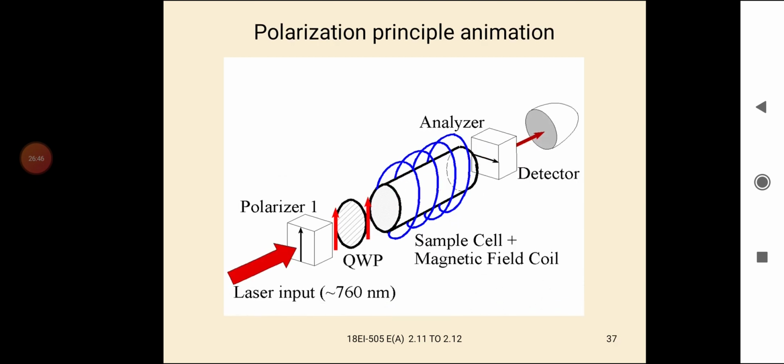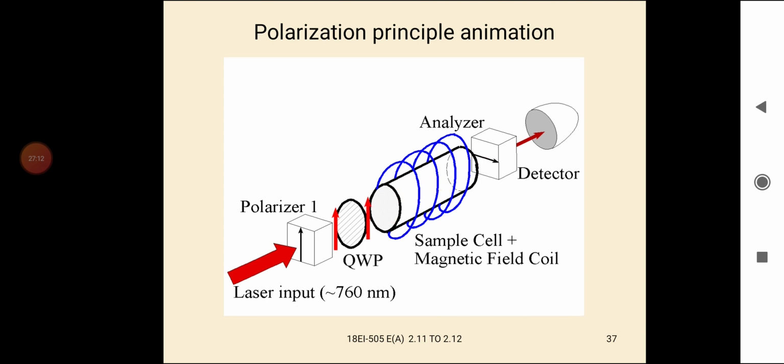The polarization principle animation we can see in the picture. The laser input of around 760 nanometers wavelength is passing onto the polarizer. The polarized light at its angle of vibration, when it passes onto the sample, has its angle changed.